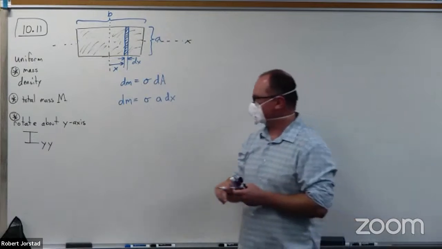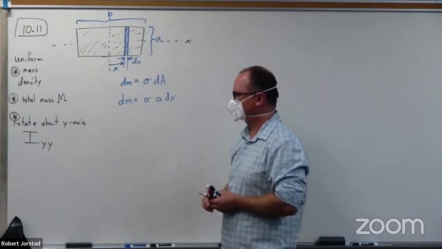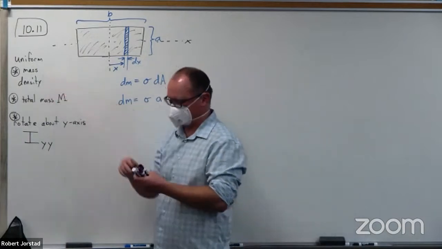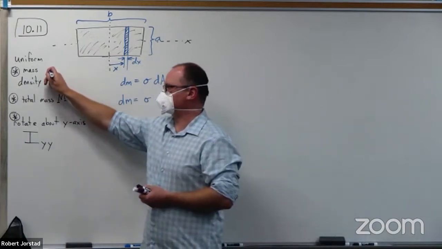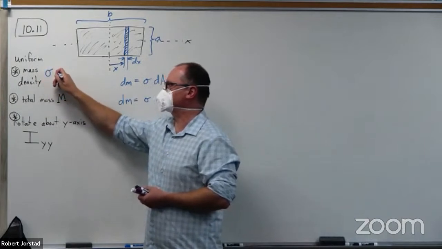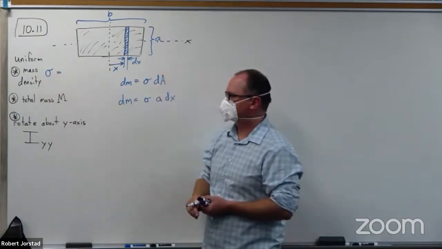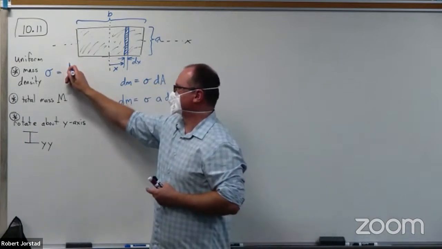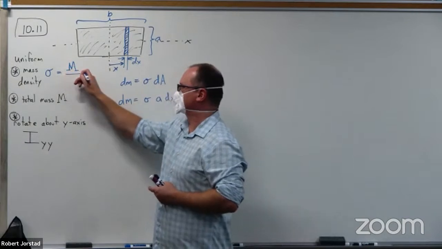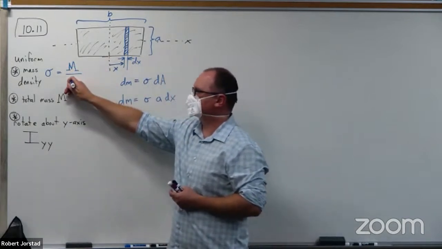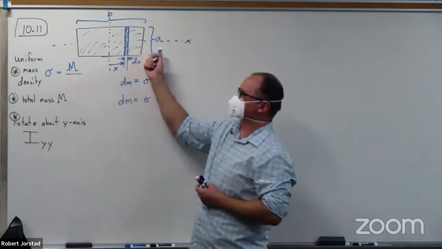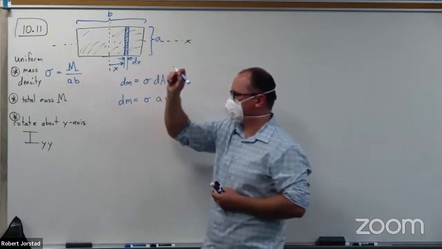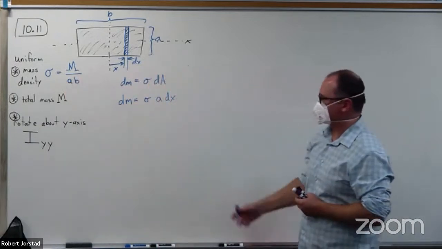All right. What's sigma? What does this mean? Uniform mass density tells us sigma equals total mass over total area. Excellent. The total mass is M. What's the total area of this whole plate? AB. I've got all the pieces I need.